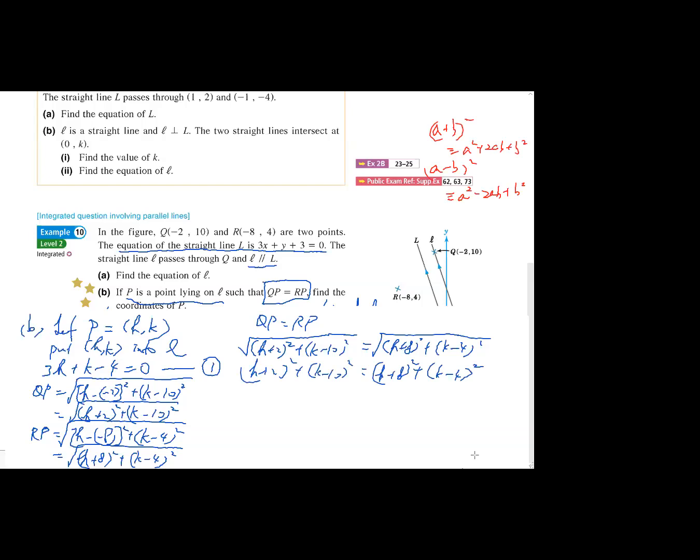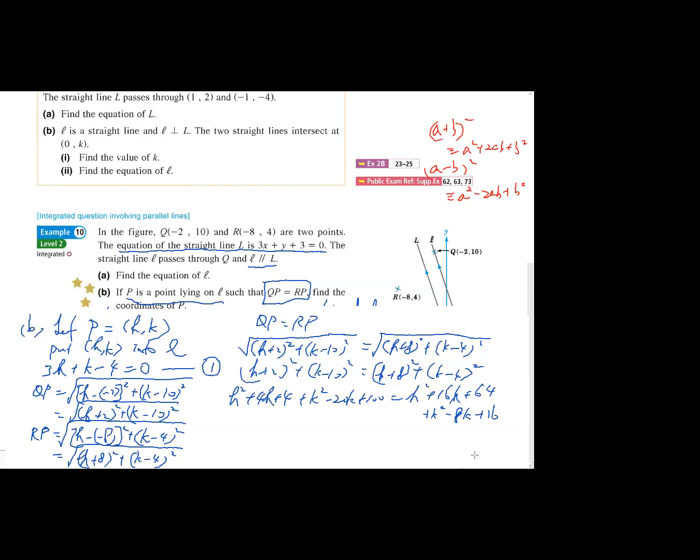So that will be h square plus 4h plus 4, and then plus k square minus 20k plus 100, is equal to h square plus 16h plus 64 plus k square minus 8k plus 16. 唔使太擔心嘅，因為好多 terms 係可以 cancel 走嘅。So what are the terms that can be cancelled by each other?